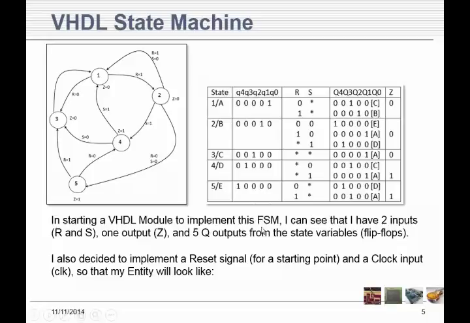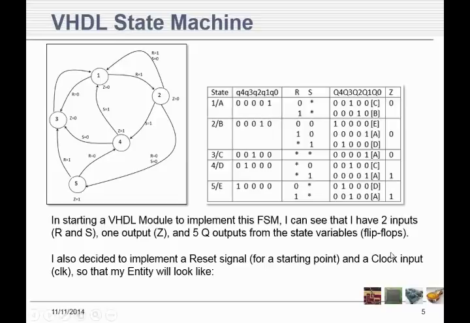If you don't, then when you turn it on, you have a good chance of going to a state that you don't have anything defined for, and your system won't work. So I've gotten used to putting a reset signal in there. The other thing is these never show a clock, but we need a clock, so we have to include that.